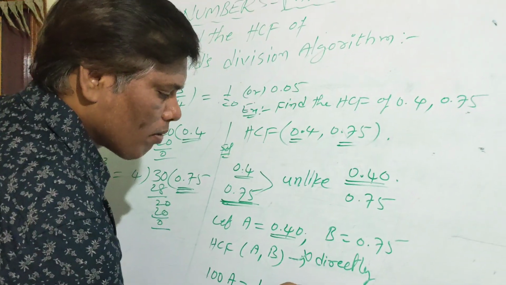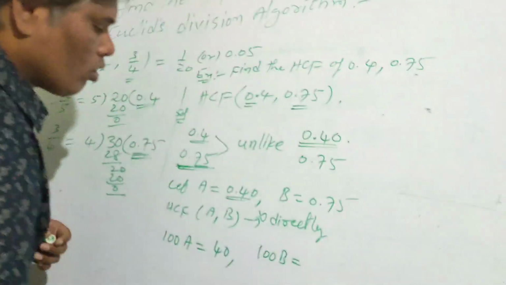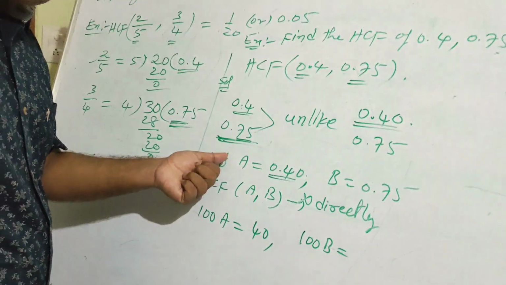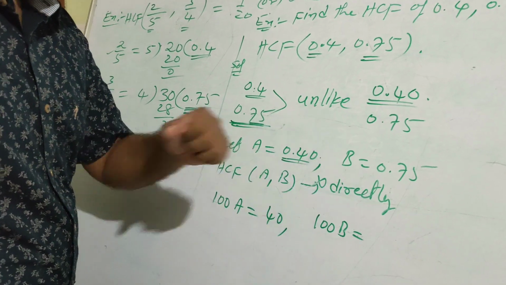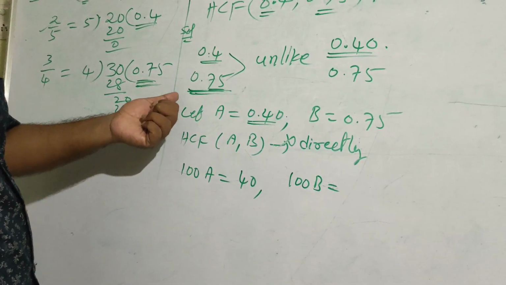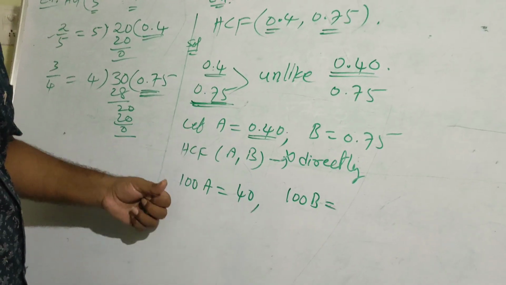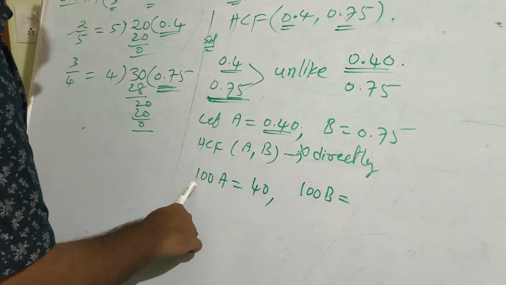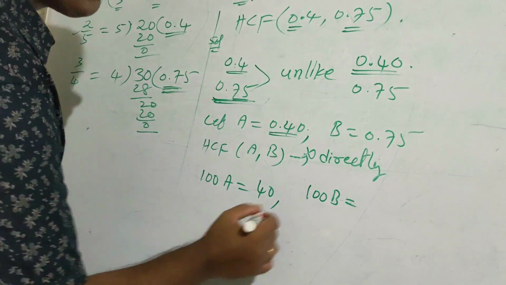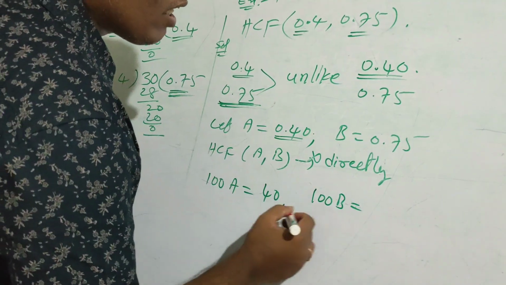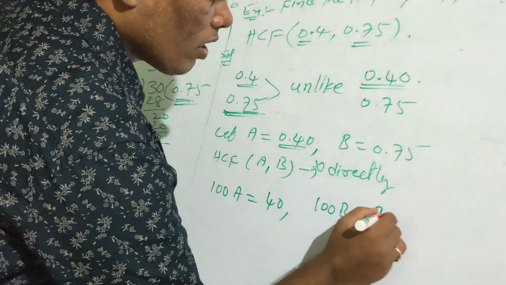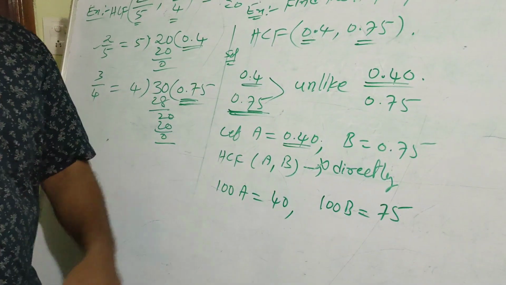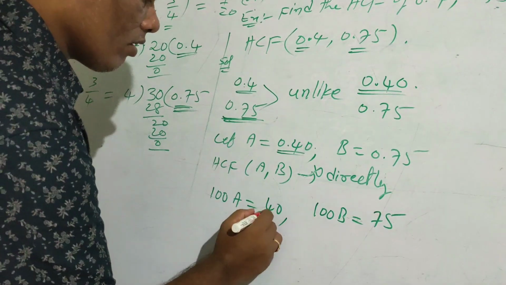With what number you multiply a, with the same number we should multiply b also. That is why we are multiplying both a and b by 100 here. So if you multiply with 100, the point moves 2 digits forward and we will get 75. Now you observe, 100a value is 40, 100b value is 75.